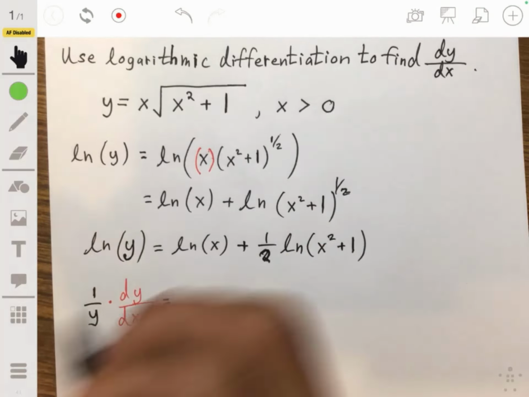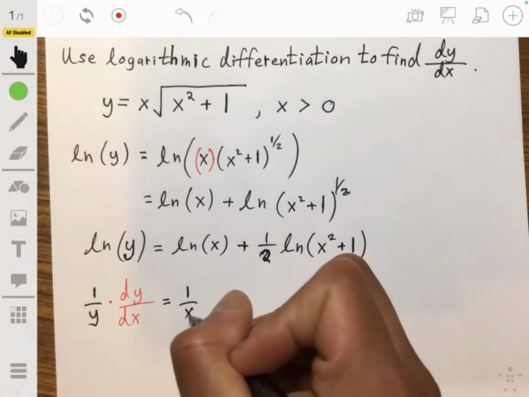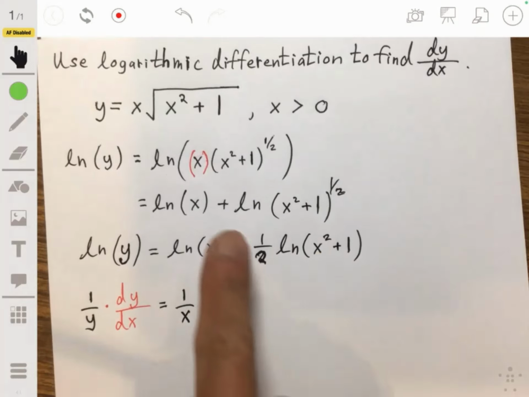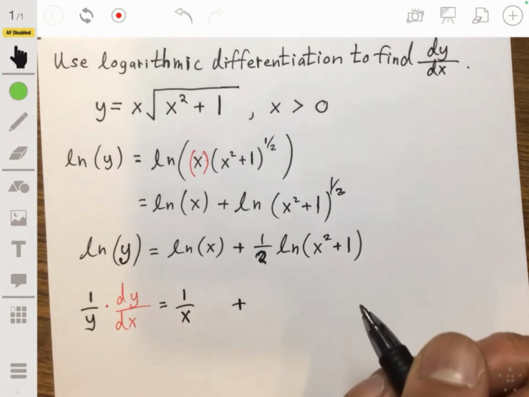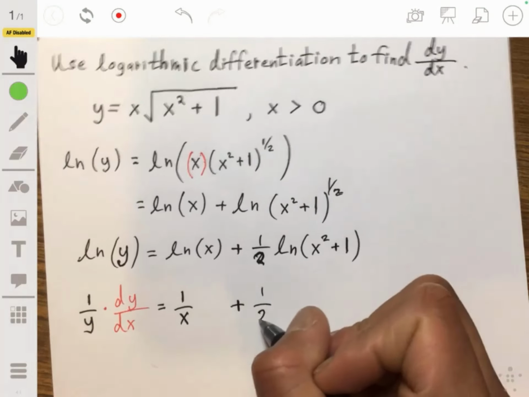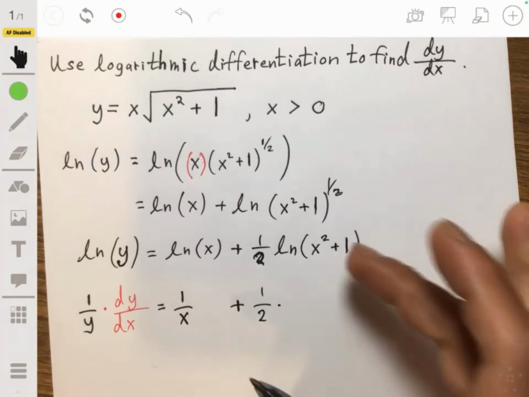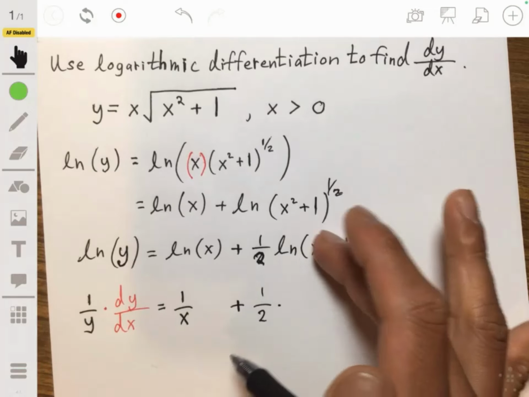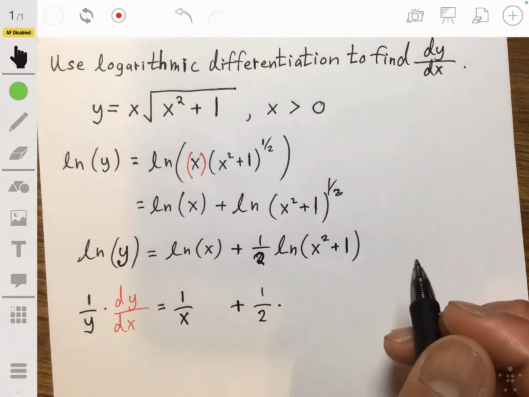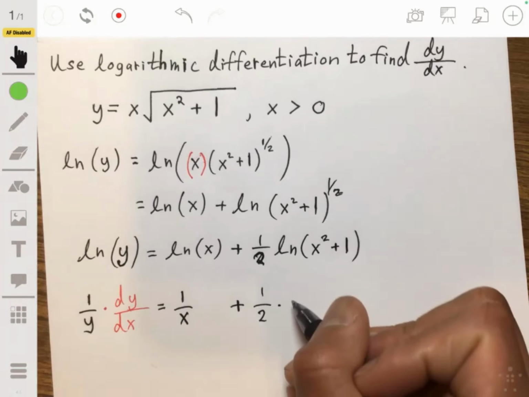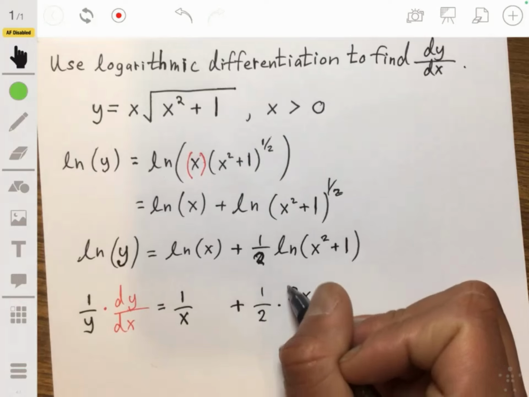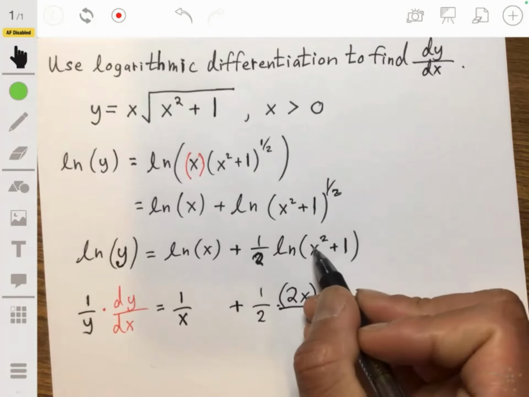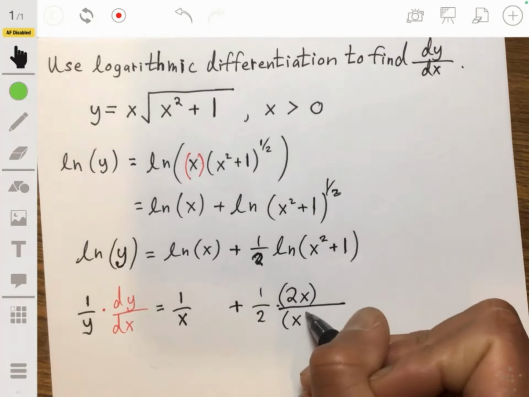On the right side, we'll have 1 over x, for the derivative of that, plus 1/2 times the derivative of the inside, which is 2x, all over the inside. It's all over x squared plus 1.